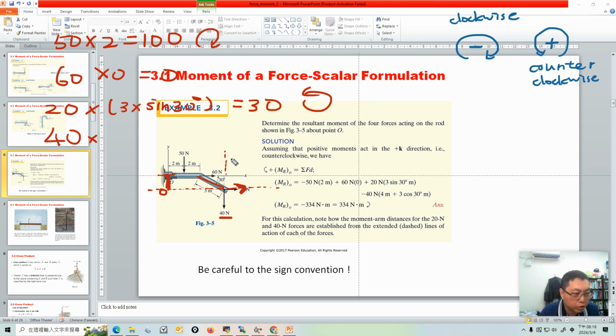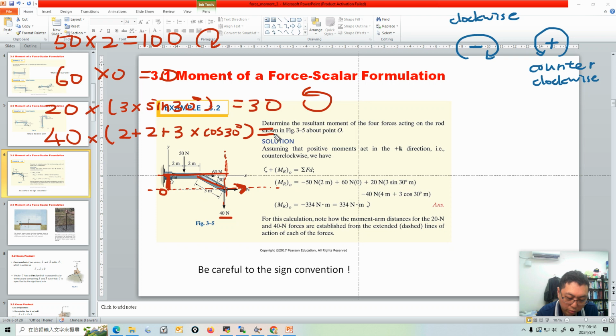The final one, the 40 Newton force, points downward, and its line of action is here. The perpendicular distance between the reference point and the line of action of the force, the lever arm, is here. So its distance is 2 plus 2 plus 3 times cosine 30 degrees.